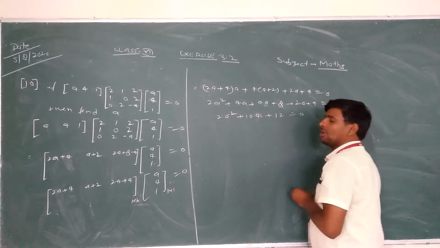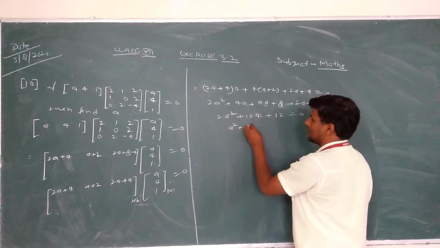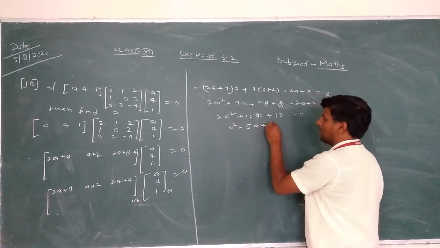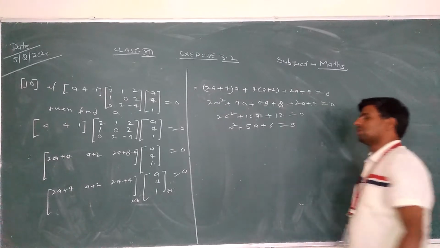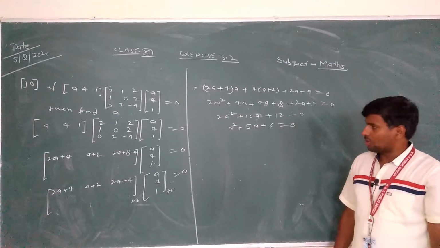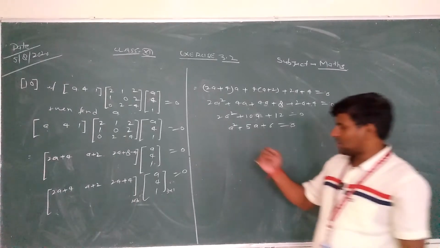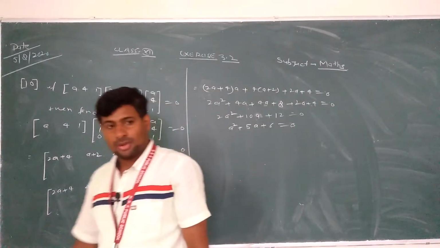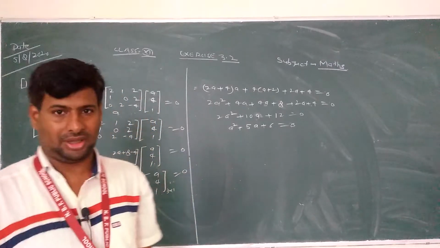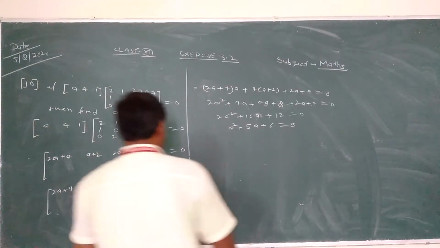Every term is divisible by 2, so A square plus 5A plus 6 equal to 0. This is a quadratic equation in A. All of you know how to solve a quadratic equation, by using the middle term splitting method, so we can use middle term splitting.